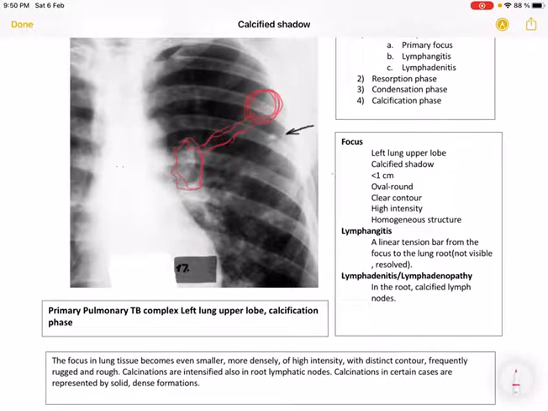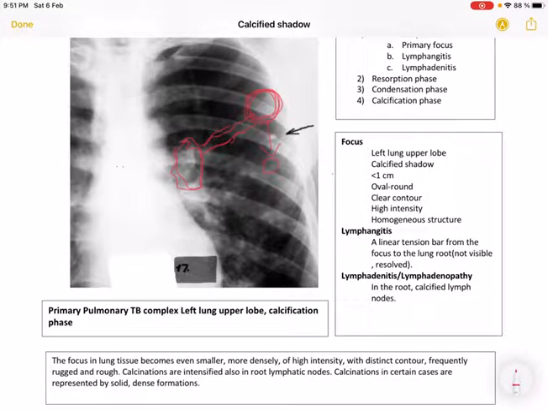With time, the size gradually starts to decrease, because the body's immunity, the defense mechanism of the body, tries to heal the destructive process and to fight the microorganism. The focus starts to shrink in size, and the necrotic areas decrease in size.